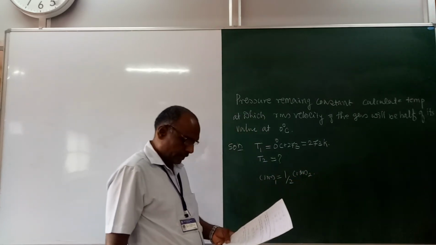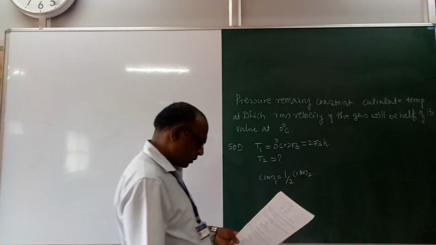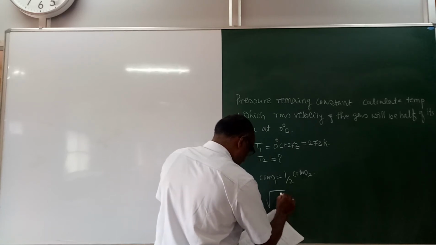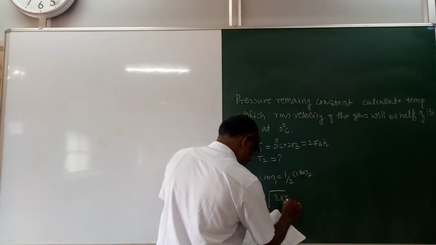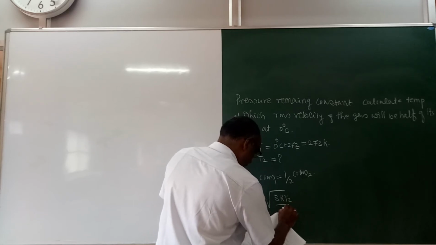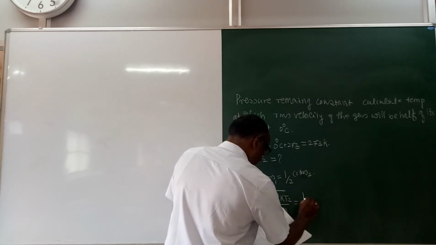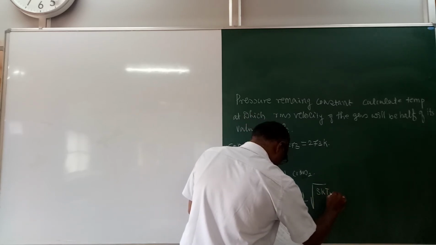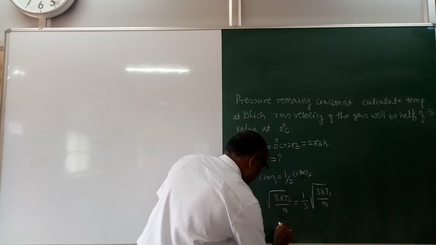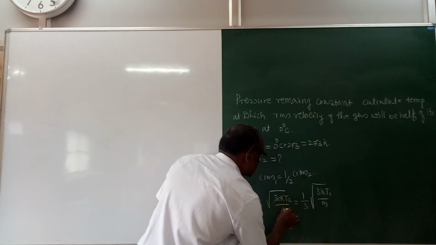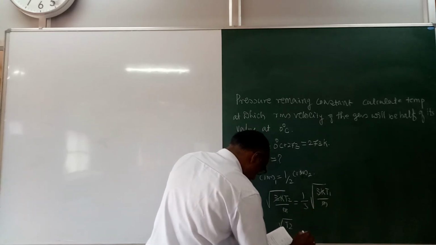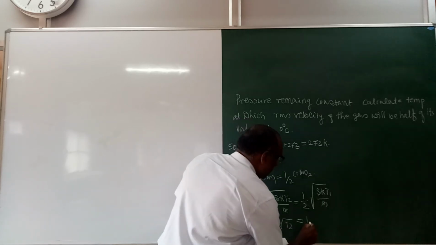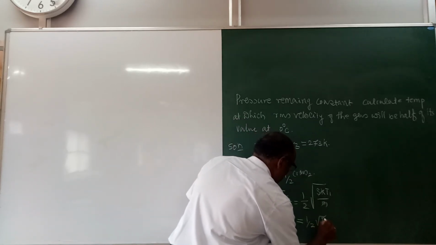I'll write this formula in terms of KT: square root of 3KT2 upon M is equal to half square root of 3KT1 upon M. So square root of T2, this gets cancelled, is equal to half square root of T1.